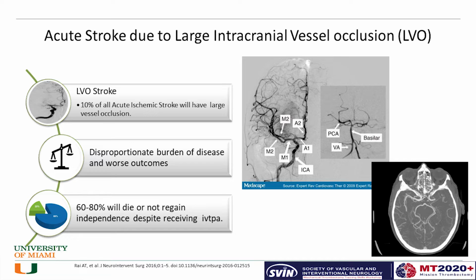We think this is an underestimation. And these patients are our sickest of our sickest patients. So even with adequate medical management, 60 to 80% of them will die or not regain functional independence, even with IV TPA. The bottom left inset is a copy of a CTA that shows a large vessel occlusion.